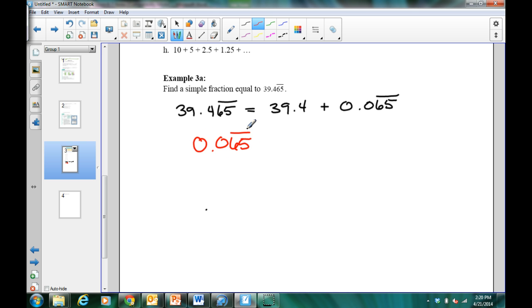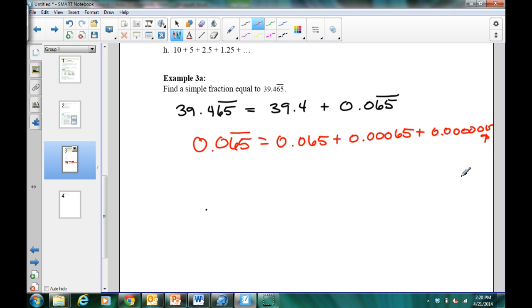That can also be written like this, and so on. That's a 65 right there, you guys. I ran out of room. Would you guys agree that those things mean the same thing?